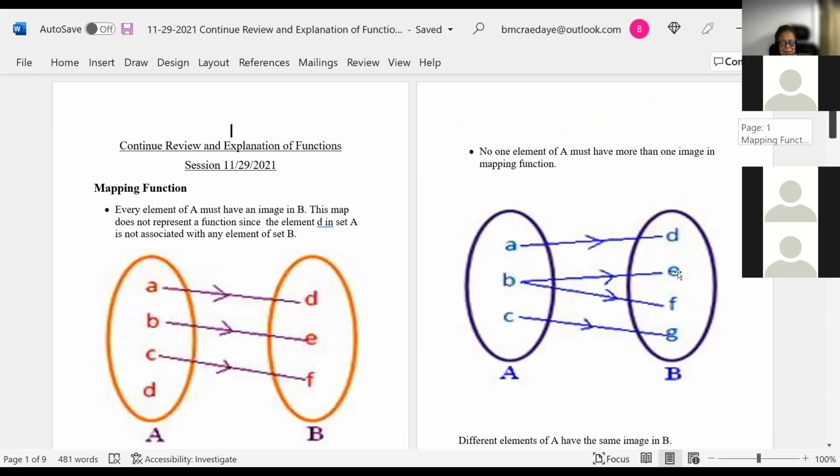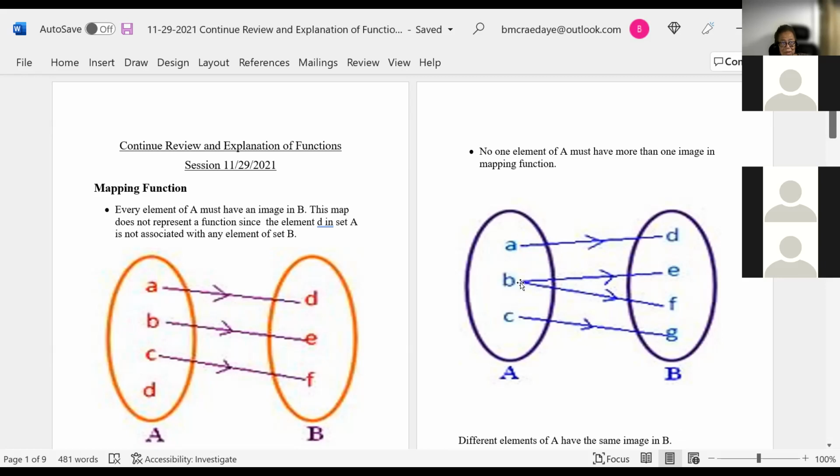Okay, what about this one, Latoya? Explain this one. Does that represent a function? Yes. So right here, this one can have more than one element in the mapping. So A is connected to D and B is connected to E and F. You could have more than one element between the input and the output.